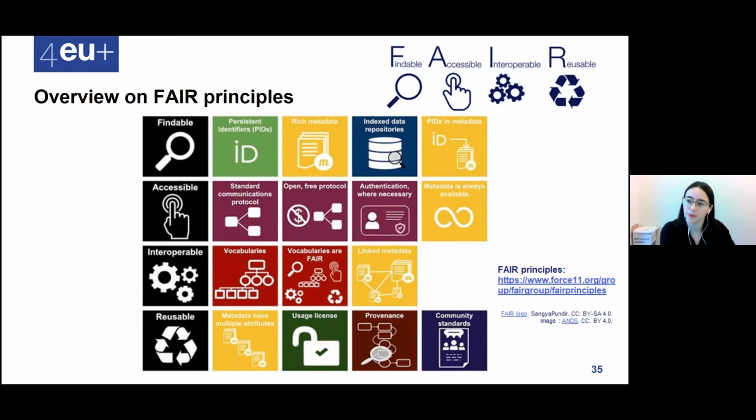So you have to define what you allow other researchers to do with your data, and so they have to be reusable. It's good to share your data, but it's better if they're reusable. Metadata and data should be well described to be combined with different settings.